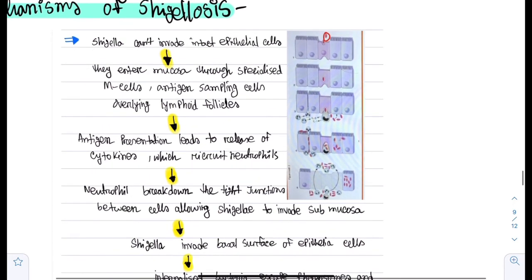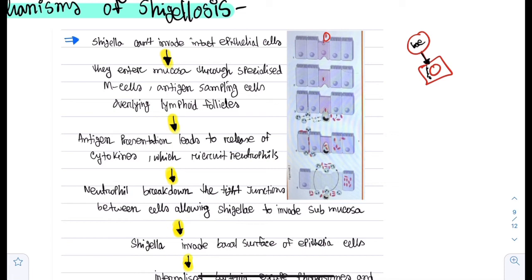In type 3 secretion, the main feature is that bacteria have needle-like structures in their body, so they directly invade the cell. So here's the cell, and they are injecting something here. This is the body part directly from the bacteria, so they're injecting the toxin here.